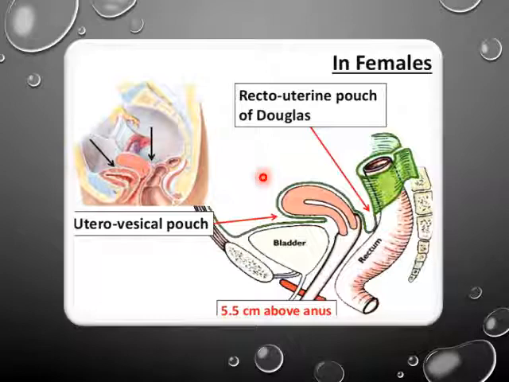The importance of this rectouterine pouch of Douglas is, as we know, hepatorenal pouch of Morrison is the most dependent area when a person is in supine position.